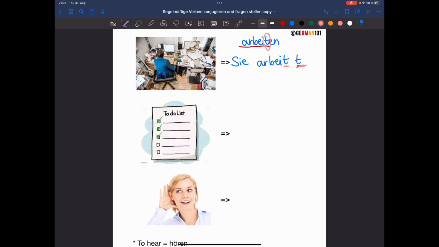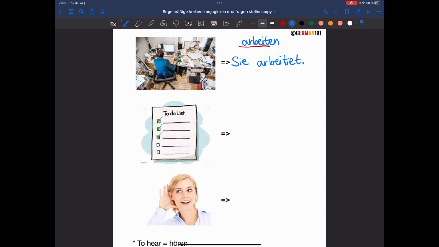That's the last letter of the verb stem. So because we cannot do sie arbeitt, it's a double T, that doesn't work, it sounds strange. We just add another E in the middle. So when the verb stem ends with T, then we add another E before the last ending T. So it will be sie arbeitet. Sehr, sehr gut.